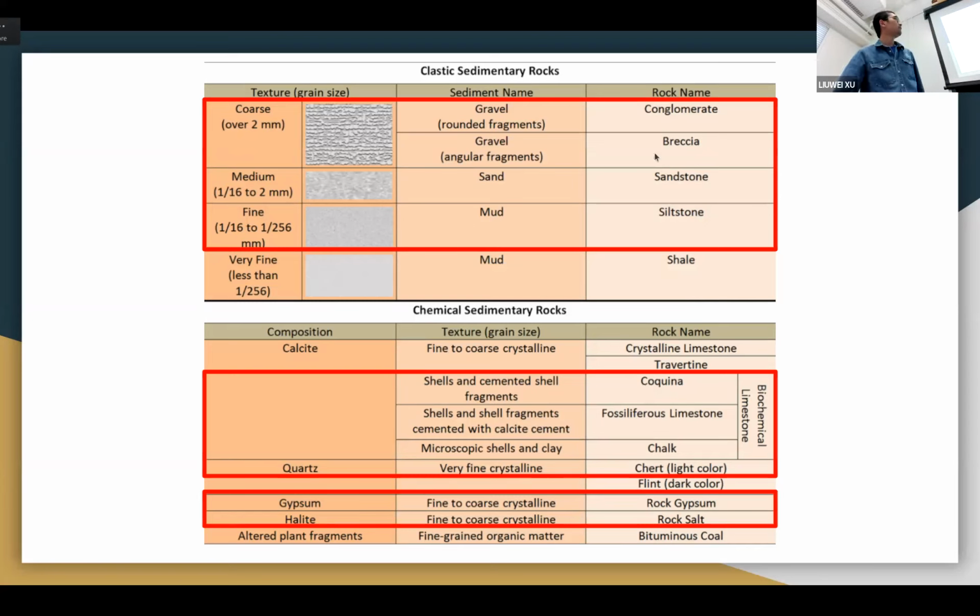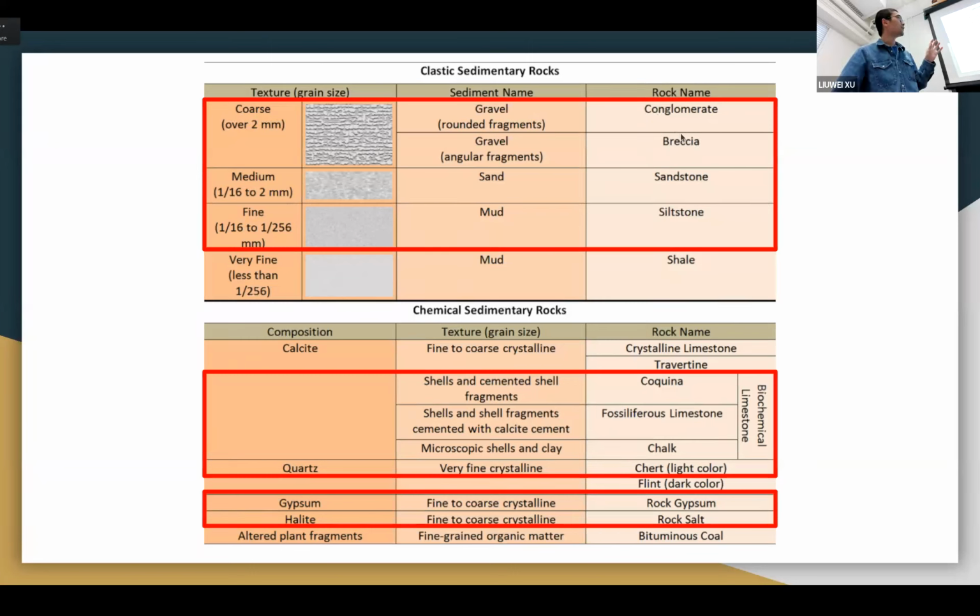And for the above 4, we distinguish them according to the grain size. If the grain size is very fine, very small, it's the shale. If the grain size is medium, it's the sandstone. For sandstone, you can easily see grains like sand inside this rock. If the grain size is very large, coarse, then it should belong to these 2.